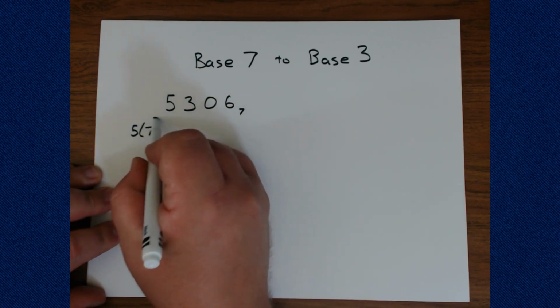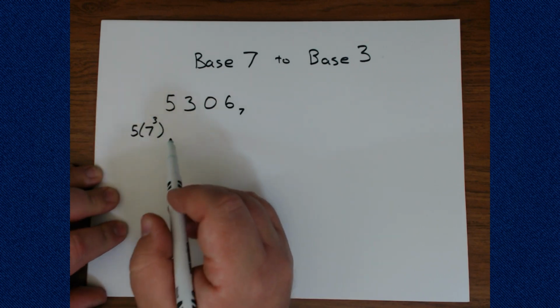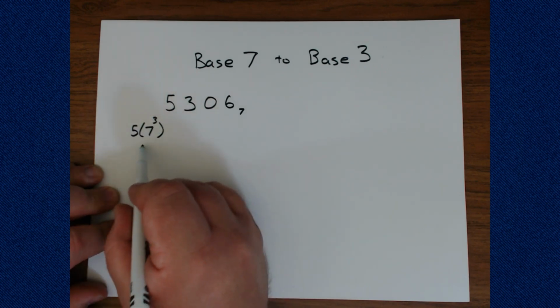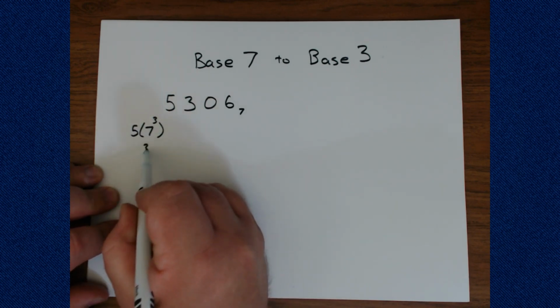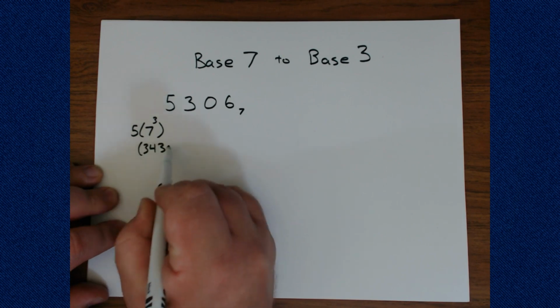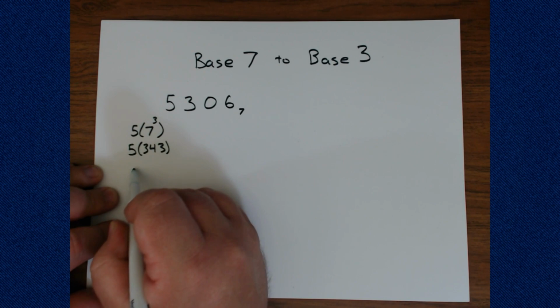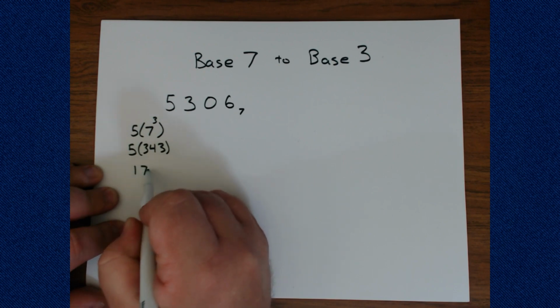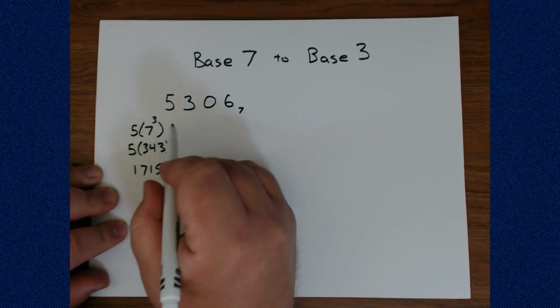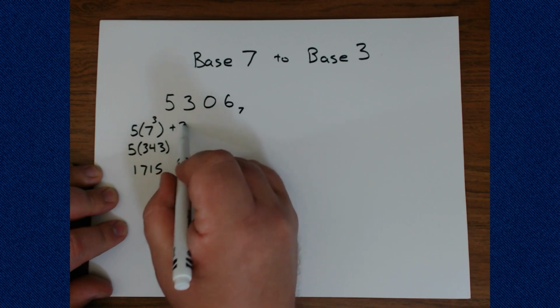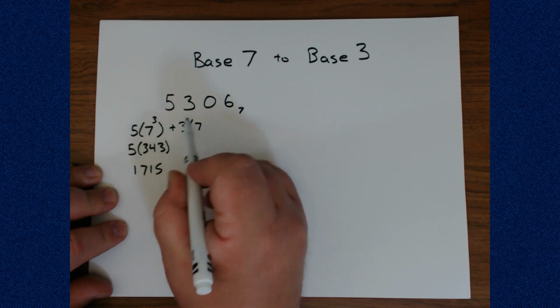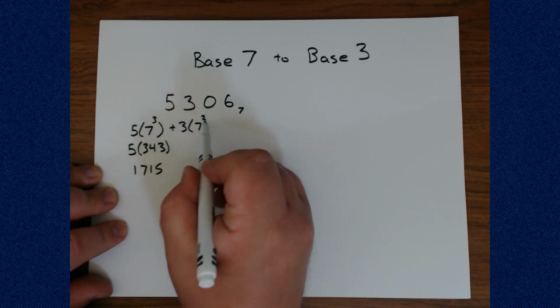So this is 7 to the third power, which is 49 times 7 is 343, times 5 is 1715. Add to this a 3 multiplied by 7 in the 2's position, so 7 squared.